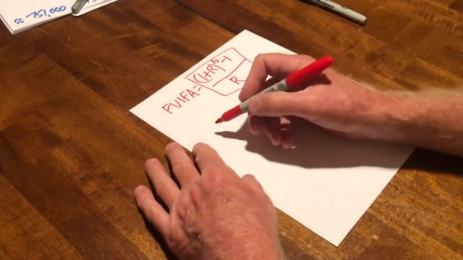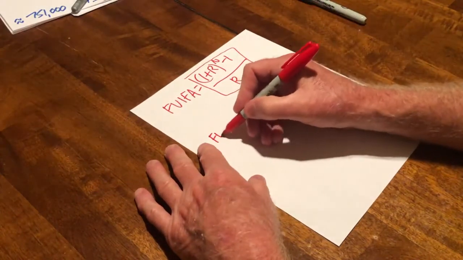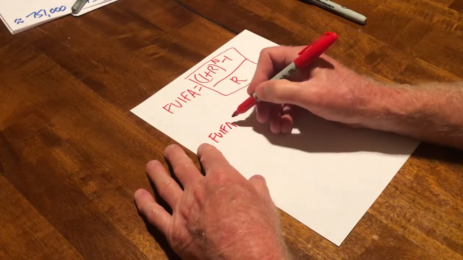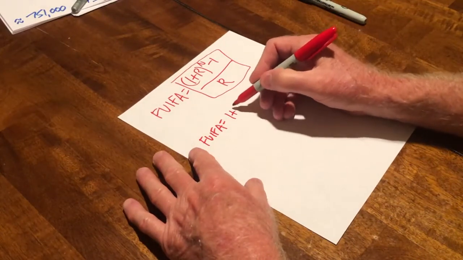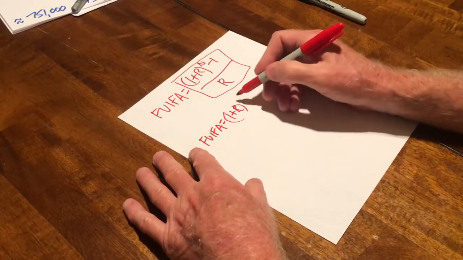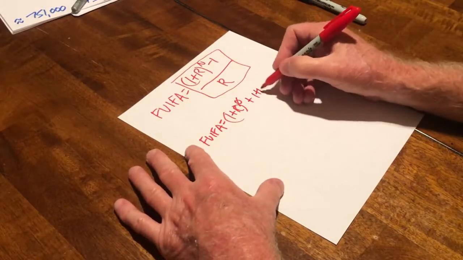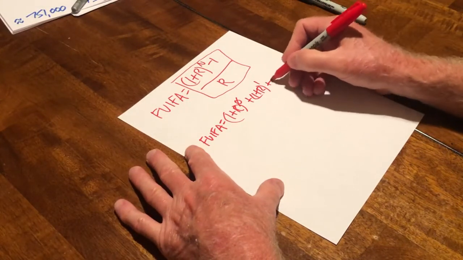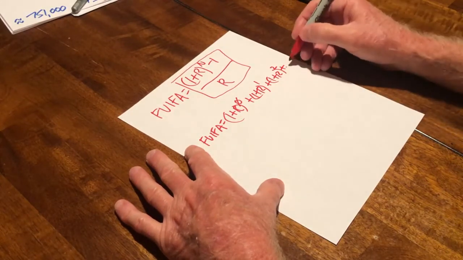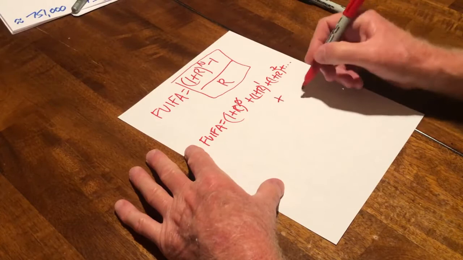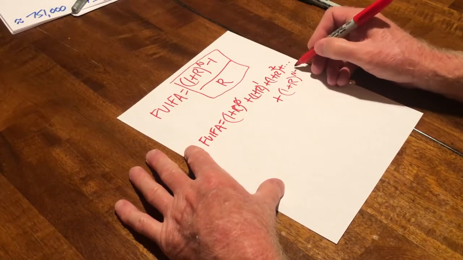Well, we start off by defining our FVIFA. And so the FVIFA is defined as 1 plus r to the 0 power, which of course is just 1, plus 1 plus r to the first power, plus 1 plus r squared, plus dot, dot, dot, plus 1 plus r to the n minus 1 power.